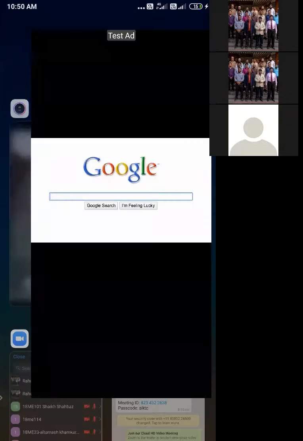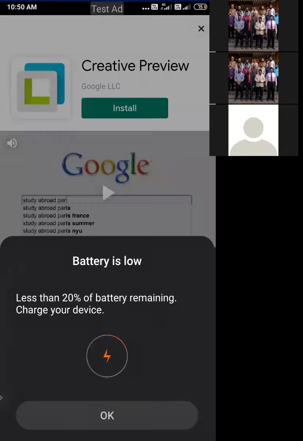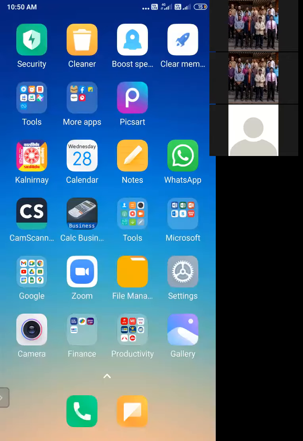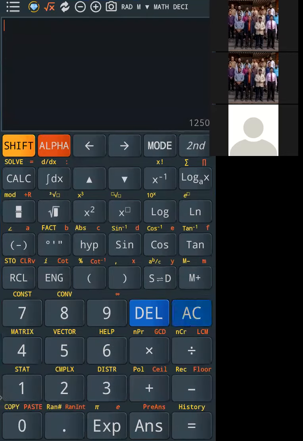Okay, so let's do this calculation. Let's check. This is minus 1750, multiplied by 0.01155, and minus 0.0875.